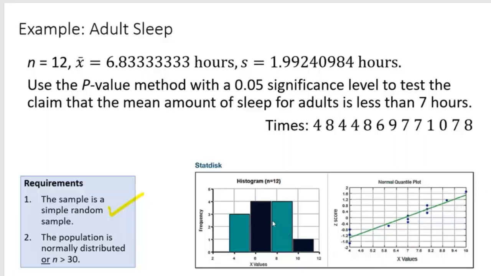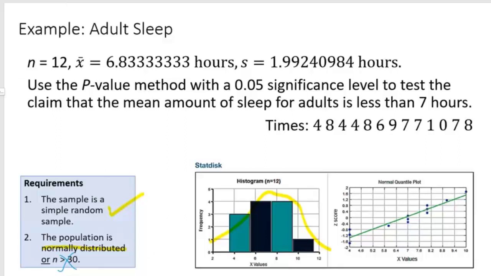On the other hand, if you would rather do a histogram, it's not exactly normal, but it's lower on the edges and then higher in the middle. So this one would also indicate that it's somewhat normal. So we're going to go with it's fairly normally distributed, even though n is not greater than 30. So we've met our requirements.